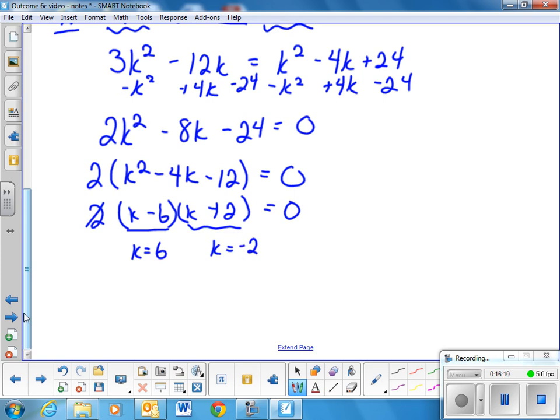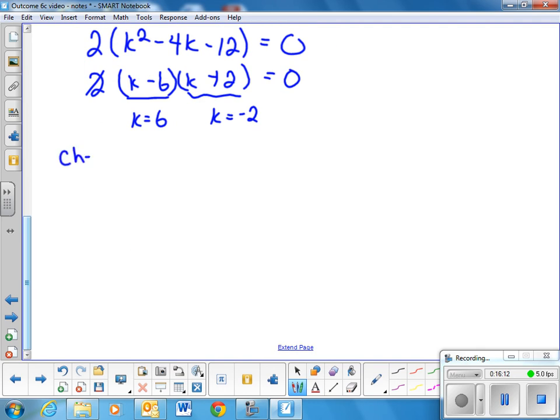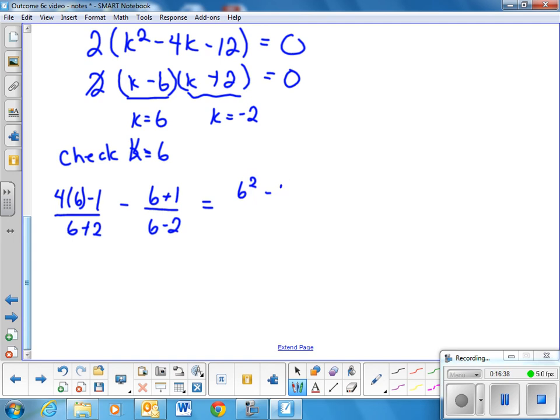We've done restrictions, so now we just need to check those two answers. So let's start by checking k equals 6. Substituting 6 in, we have 4 times 6 minus 1 all over 6 plus 2, minus 6 plus 1 over 6 minus 2 equals, and I want to show that that equals 6 squared minus 4 times 6 plus 24 all over 6 squared minus 4.